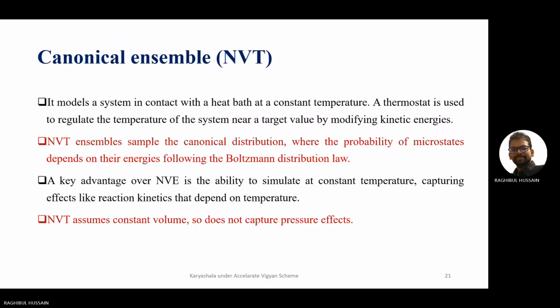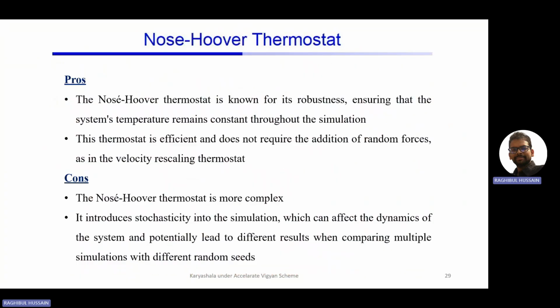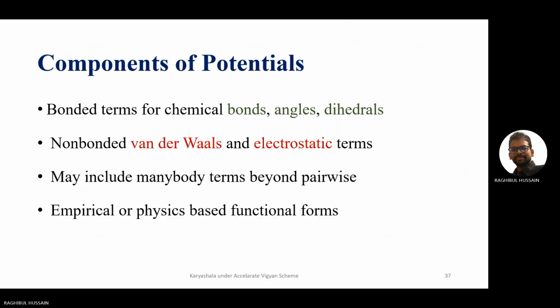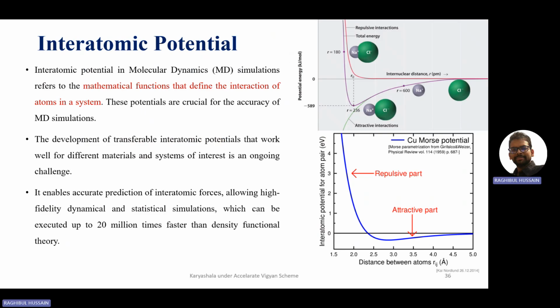So all those will come under interatomic potential. So basically, what is this? This is a mathematical function that defines the interaction of atoms in the system. When these atoms are bonded or connected with each other, we get the bonded, angle, dihedral, improper interaction. When they are not bonded, we get the non-bonded interaction like the Coulomb interaction, Van der Waals interaction, etc.